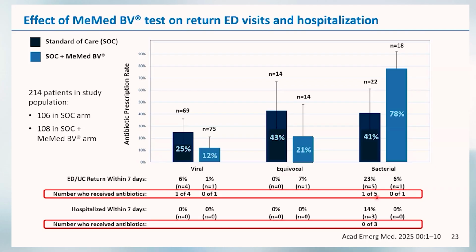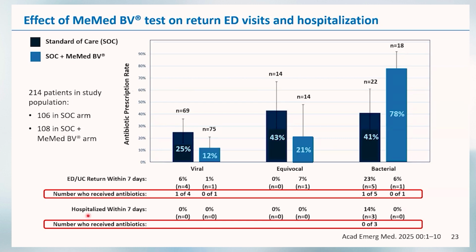And likewise, only 1 of the 5 of the bacterial infection returned. Even though 41% got antibiotics, only 1 of those 5 had been given antibiotics, and the 1 who did return where there was knowledge of the BV score and given bacterial antibiotics returned.